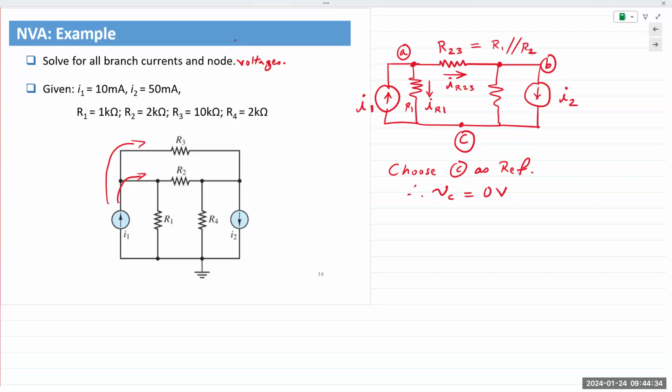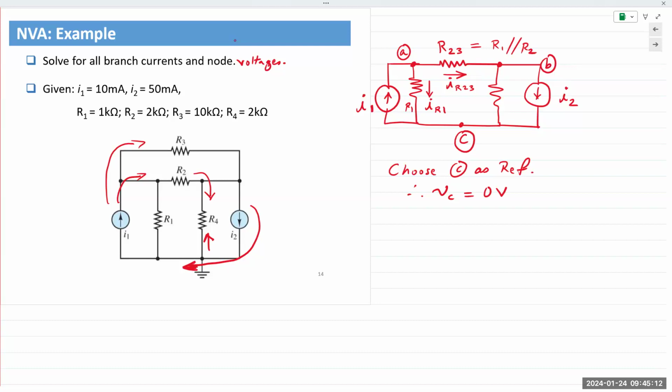R4 is interesting. The current from I2 comes this way. It could possibly go up here, but we also have this current coming here. So which one to select? It's an assumption. You can select anything, going down or going up, it doesn't really matter. But the important point is, once you make an assumption, you stick with that assumption for the entirety of your analysis.